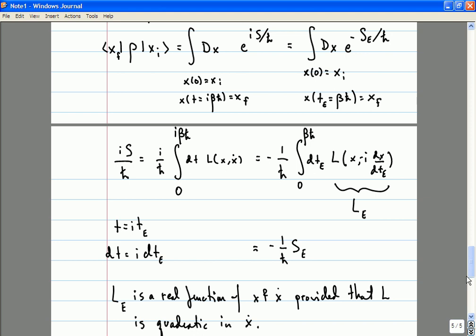So all of the same techniques that we have used to study time evolution operators in Lorentzian signature can be used to study the calculation of density operators simply by making this complex change of coordinates where t is replaced by i t Euclidean.